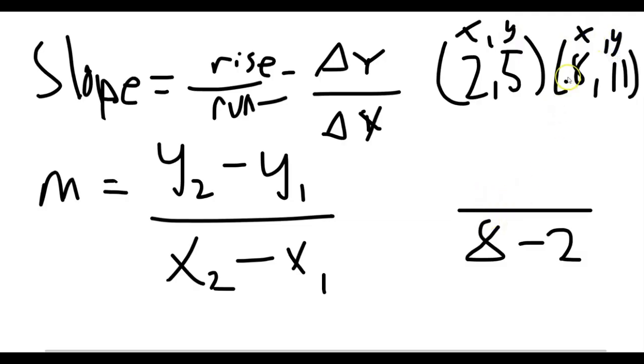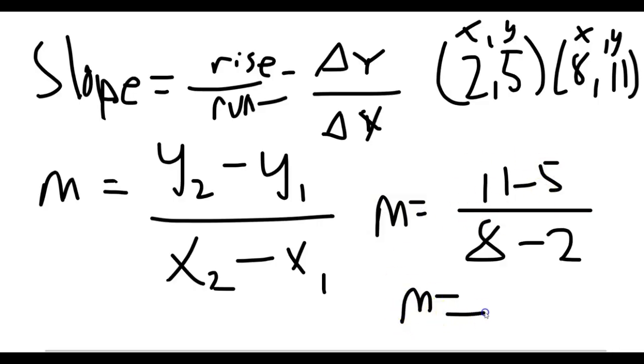And then at the top we would get the y coordinates, which would be 11 minus 5. So the slope would just be 6 over 6, which is just 1. And this is how we get slope from 2 y points and 2 x points.